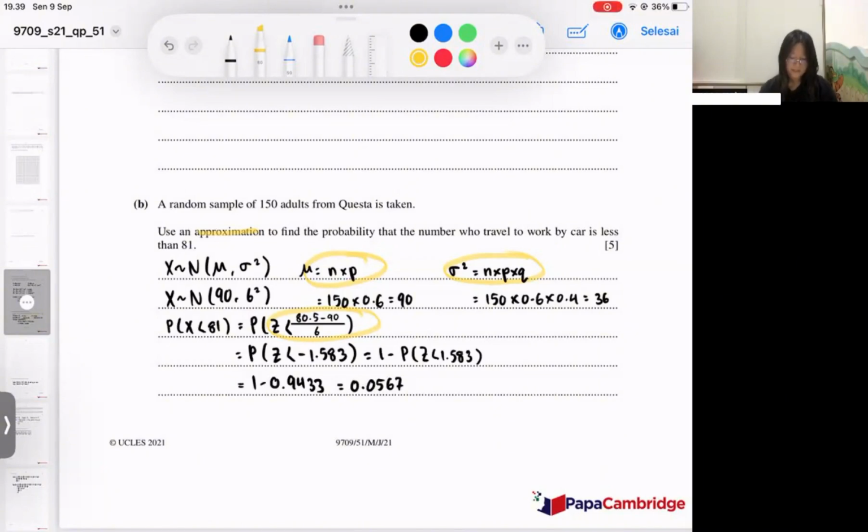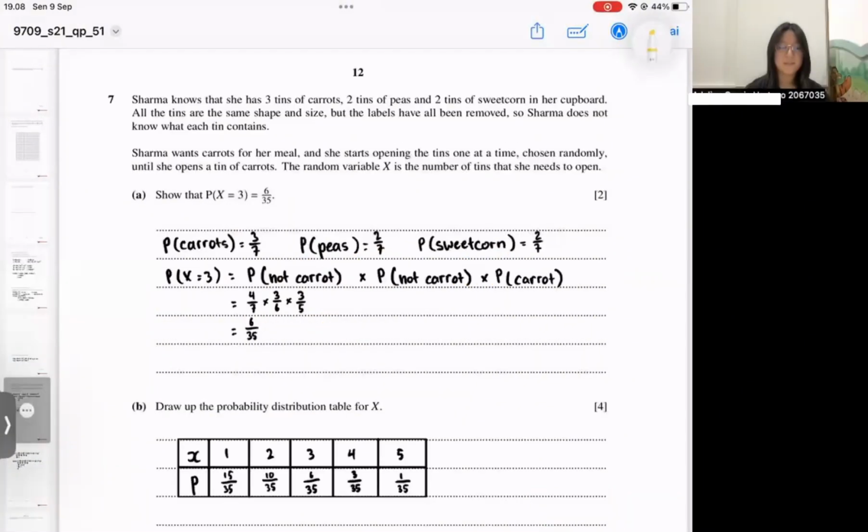The probability of Z being less than negative 1.583 equals the complement of the probability of Z less than 1.583. Therefore, we have to find 1 minus 0.9433. Where you get 0.9433 is from the normal distribution table. After calculation, we get that the probability of Z being less than negative 1.583 equals 0.0567. Number 7.